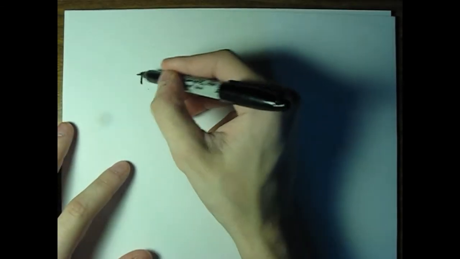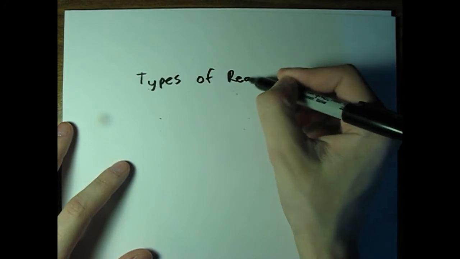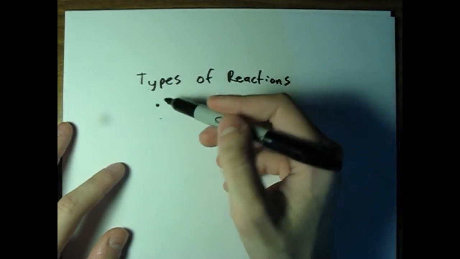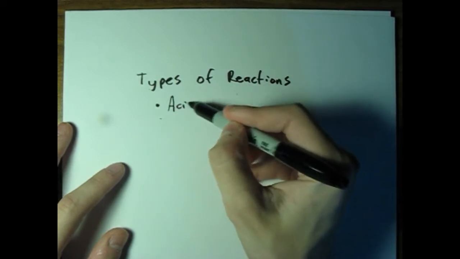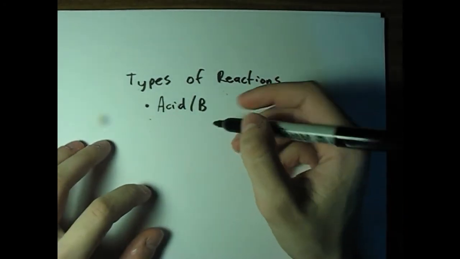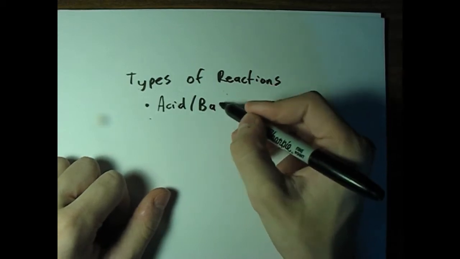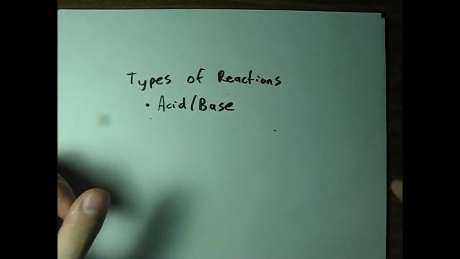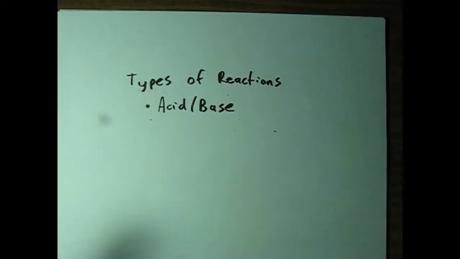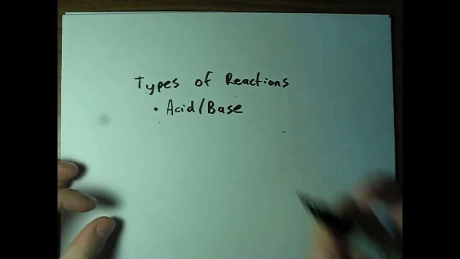Just some that I can think of right now, types of reactions. We've got, well, acid-base. Yeah, my memory card just got filled up there. Sorry about that. So we have acid-base, which will combine an acid and a base and turn it into a salt, basically, so to speak.